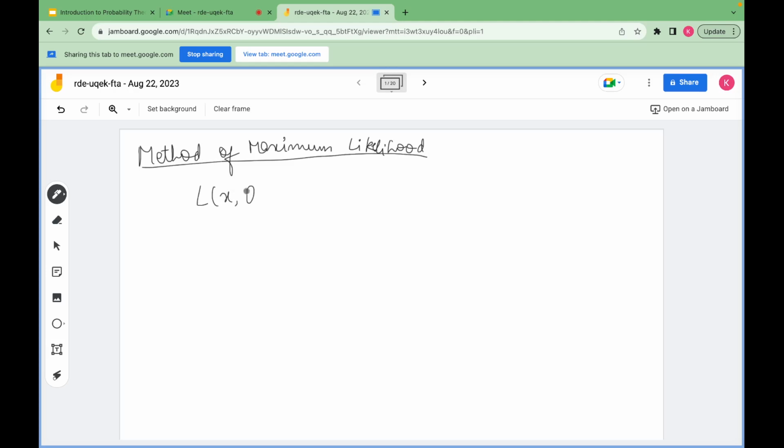In this we will find L(x, theta), where theta is the unknown parameter, which will be equal to the product over all i from 1 to n of f(x_i, theta), where theta belongs to some big Theta.